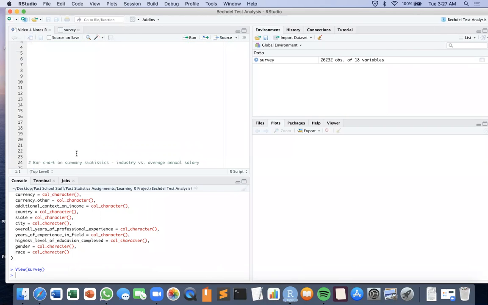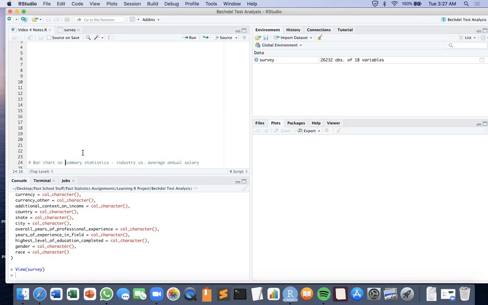All right, so the first type of graph that we're going to talk about is a bar chart. Before we start, I'm going to say that today there's not going to be a lot of subsetting and filtering. We're just going to do that once pretty much.